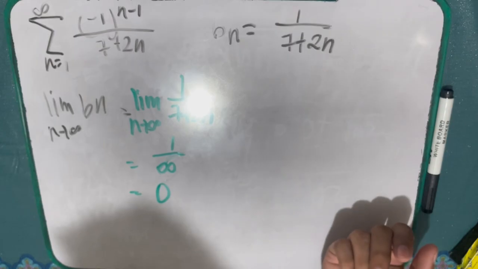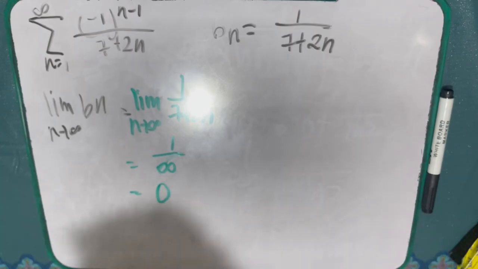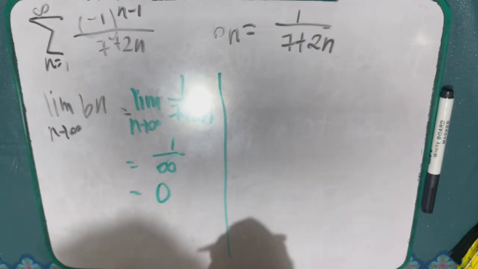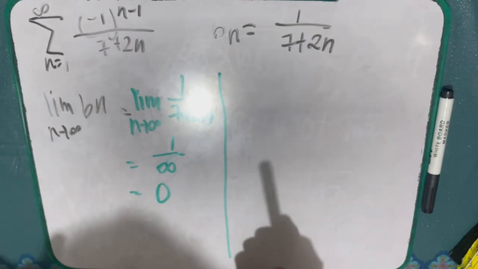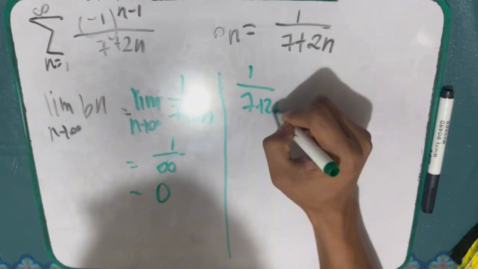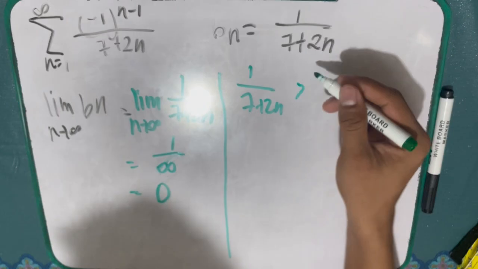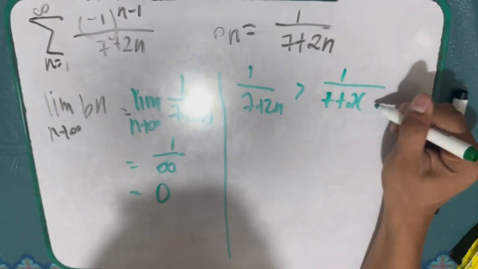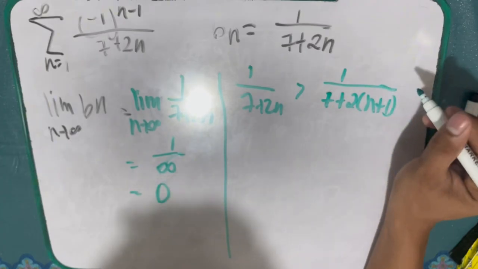Now let's take care of the decreasing check. It should be pretty clear that 1 over 7 plus 2n is greater than 1 over 7 plus 2n plus 1.